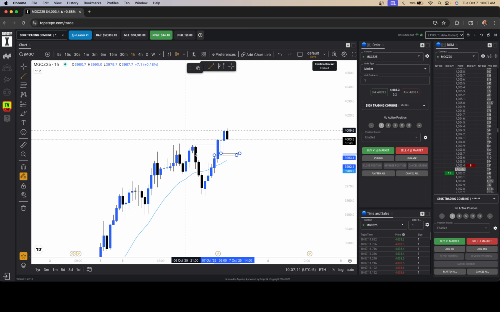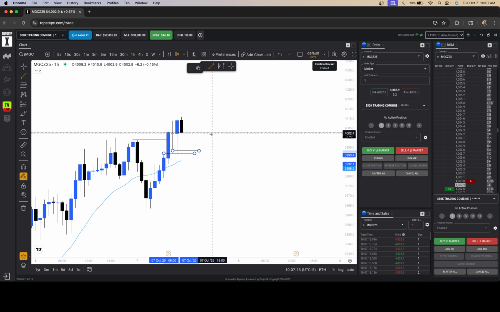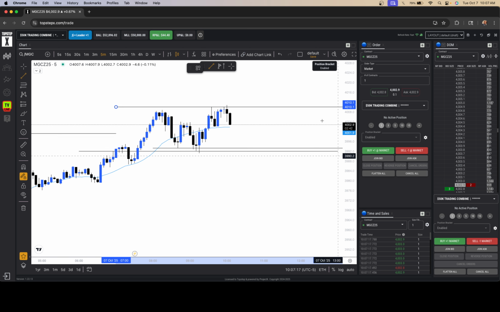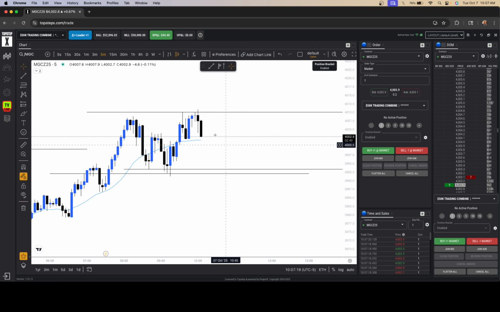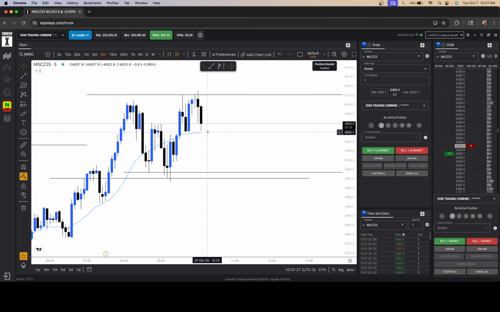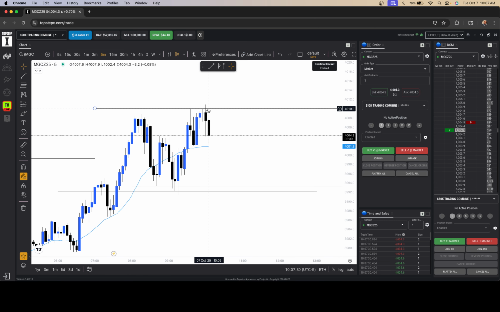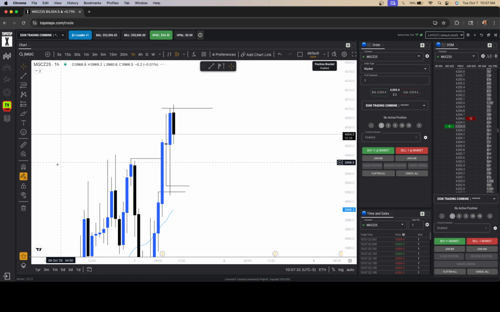We tapped down. We're up here now. So gold looks like we might have some sells on it coming through. I may take a sell, or I may just chill. Let's see.